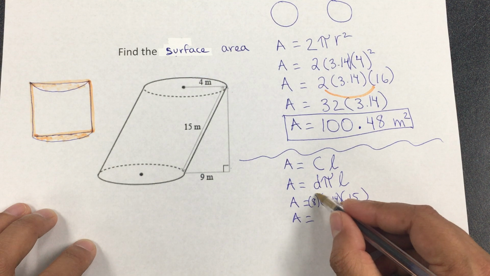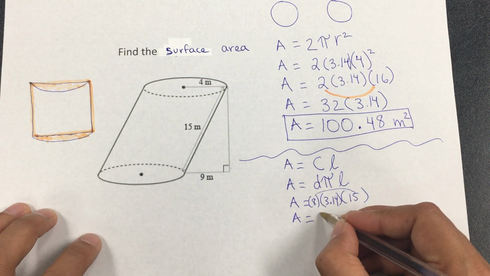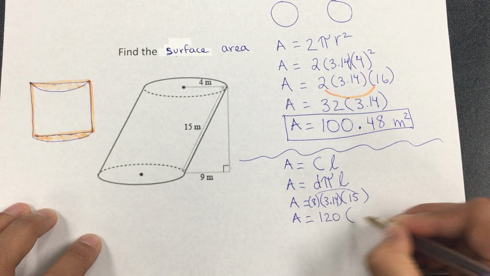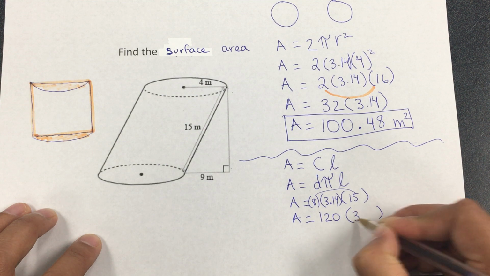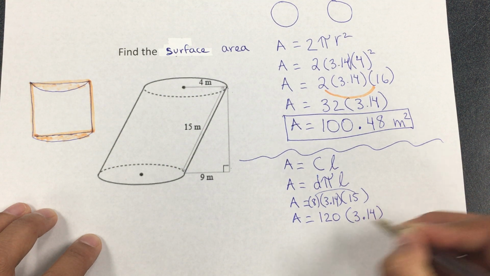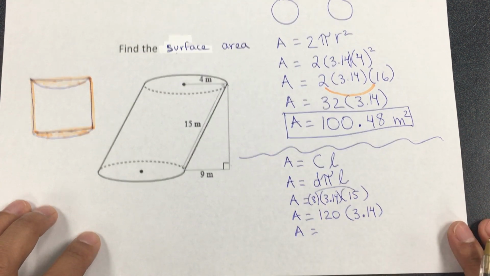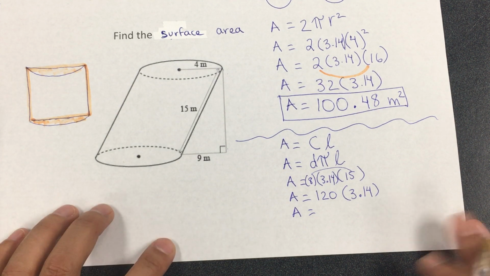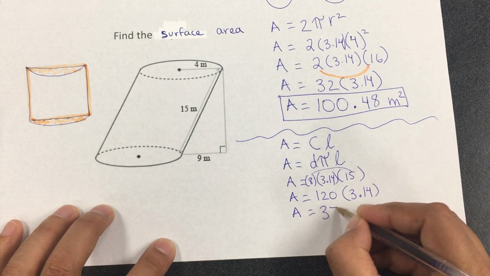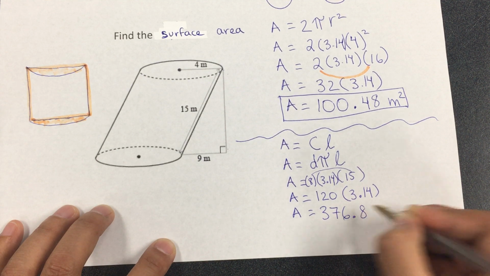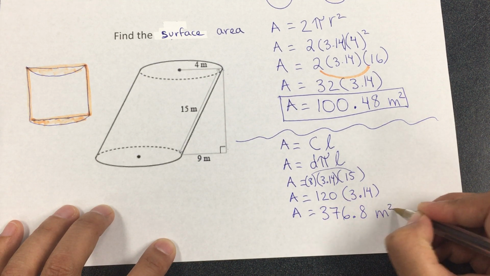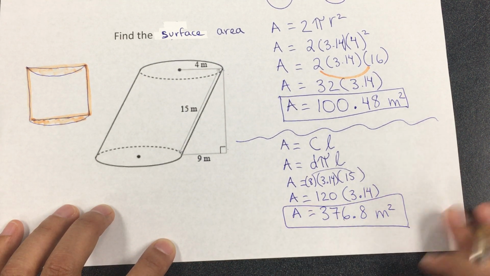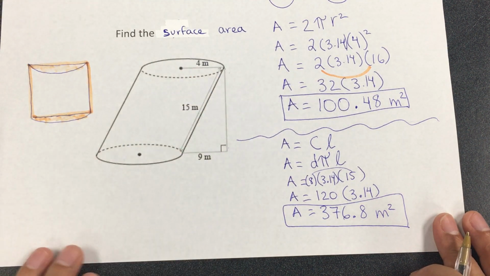And I multiply 8 times 15, which is 120. 120 times 3.14 gives me 376.8 square meters, and that's for the lateral area.